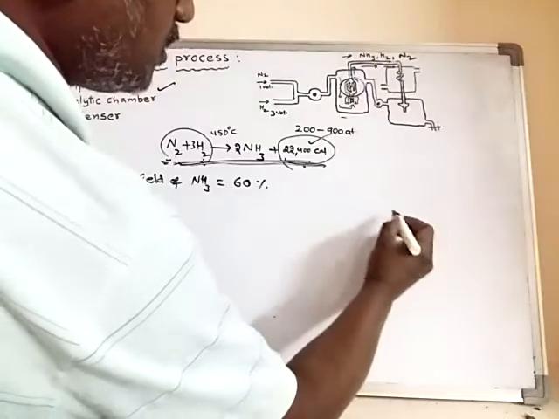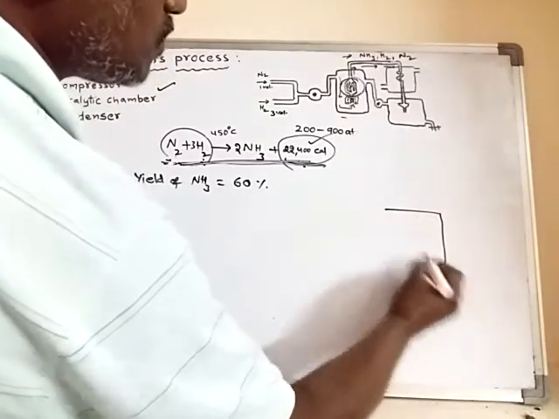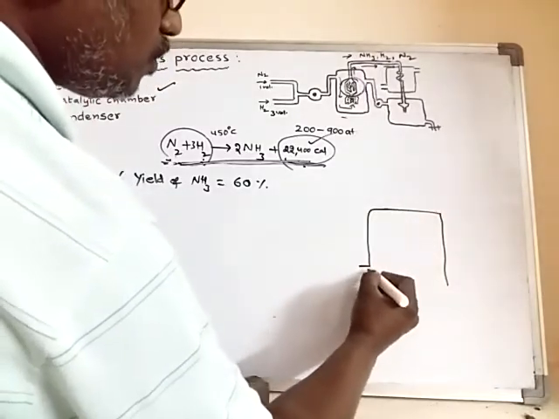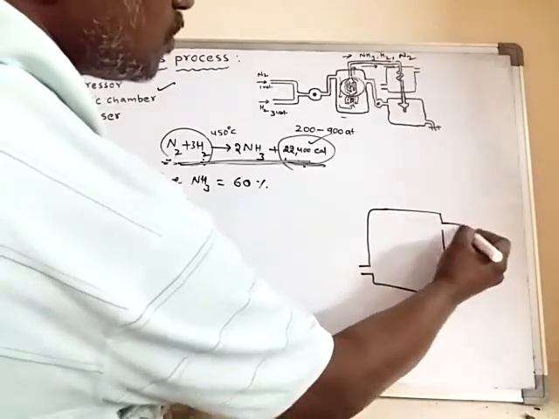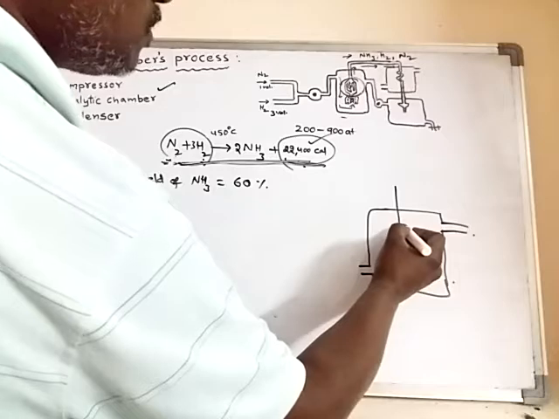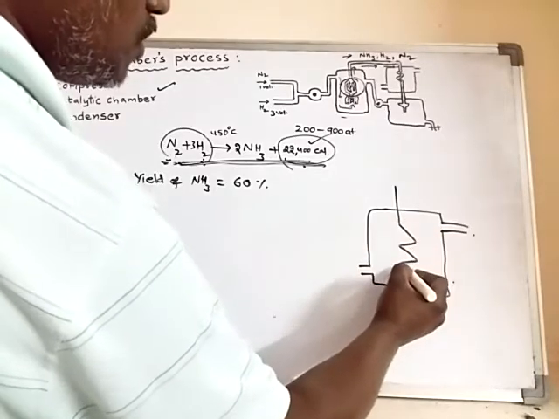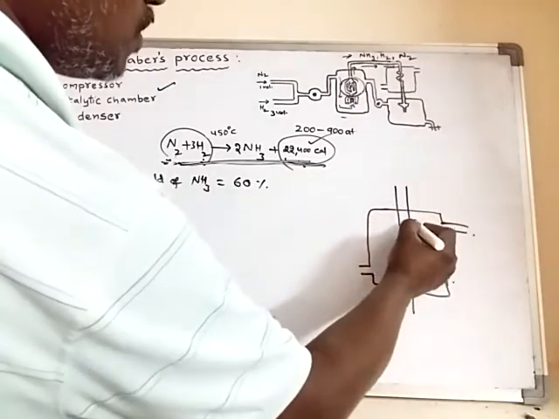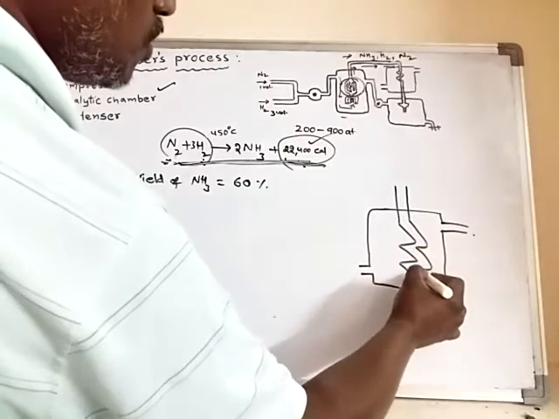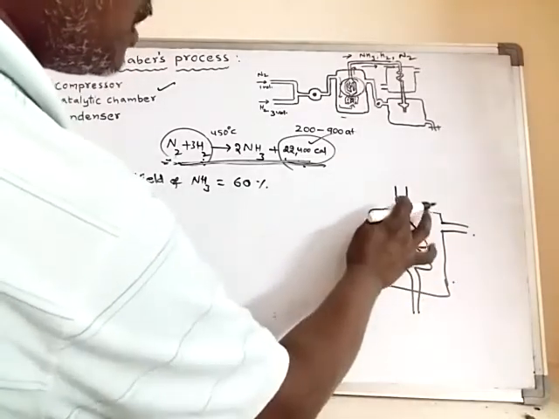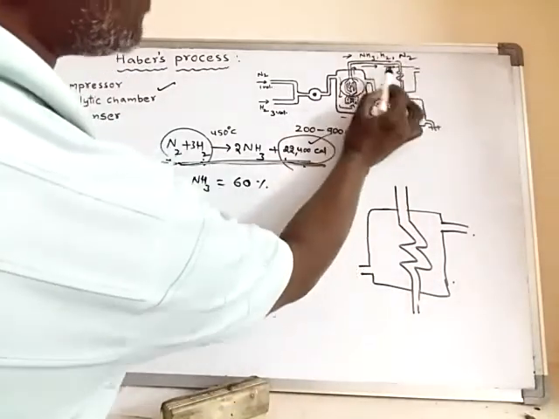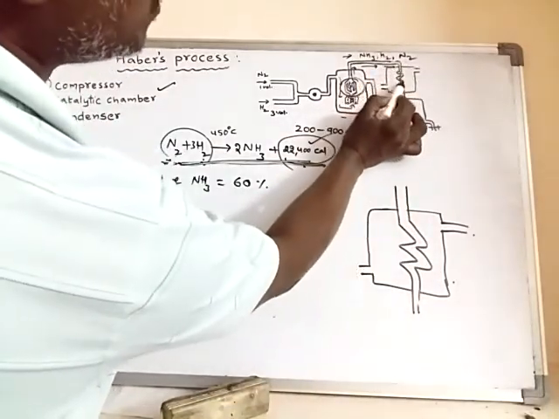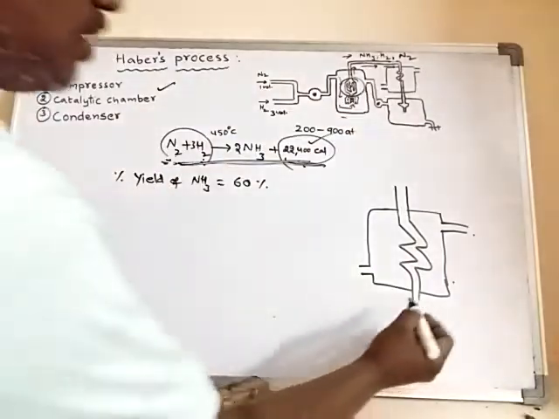If I draw that condenser here, there is a pipe known as the cooling pipe. This is called the cooling pipe.